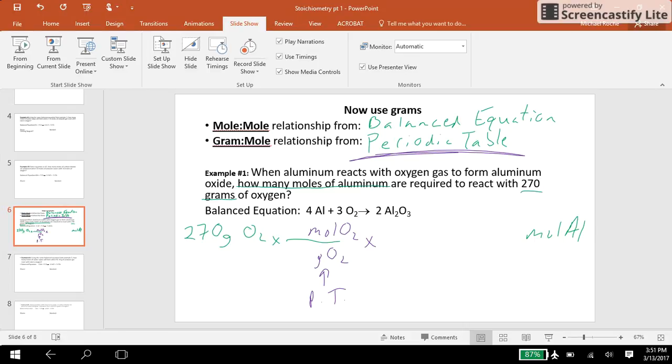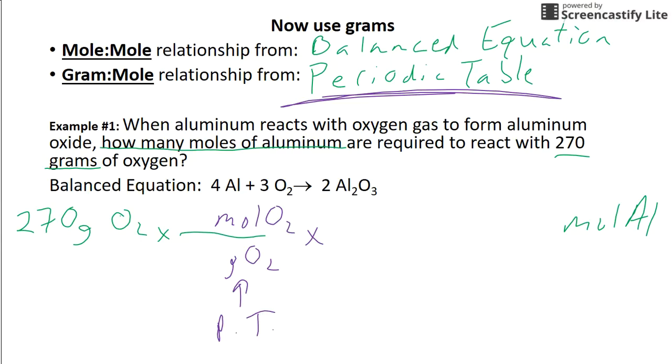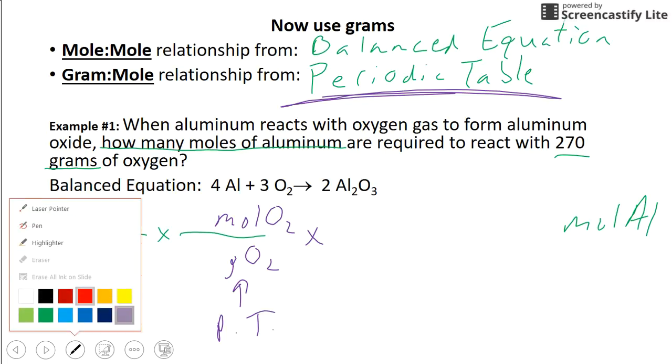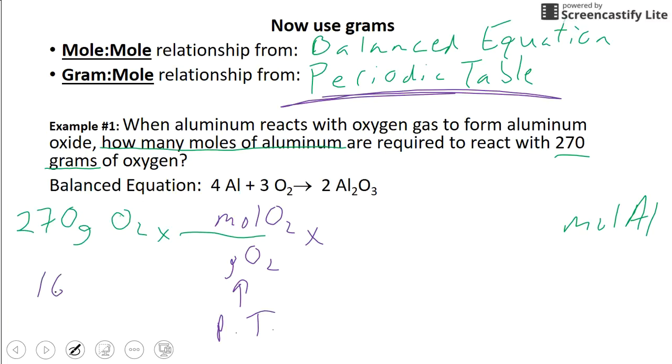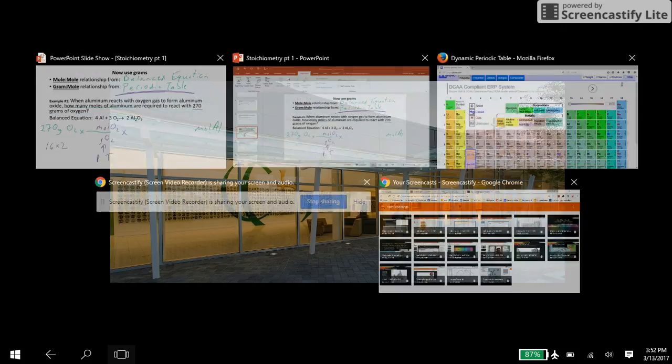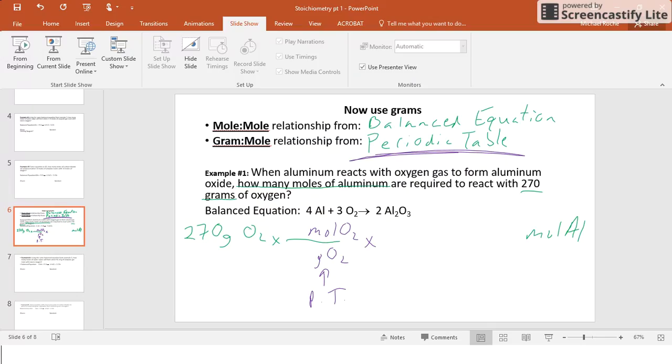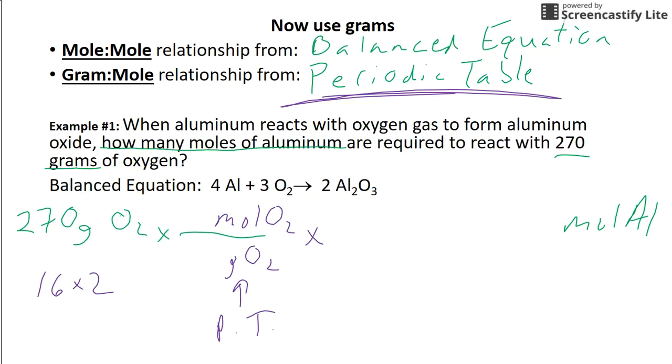All right. So we have 16 times 2 for O2. O2 is 16 times 2, so that's 32. So that's 32 grams in 1 mole.